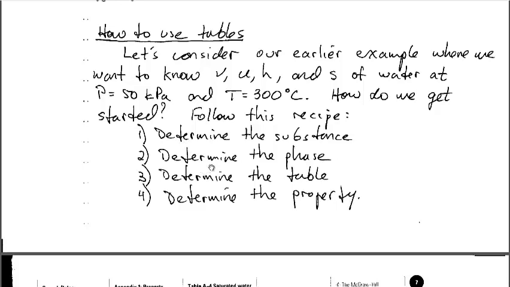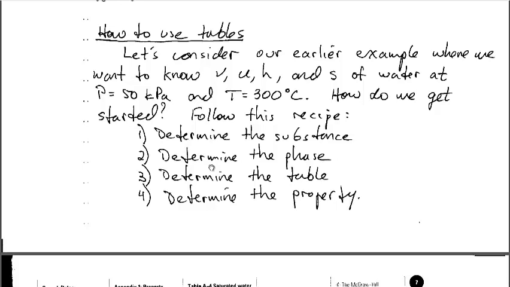Step number two is to determine the phase. If you can determine the phase for your substance, you will find using the tables a lot less frustrating. A lot of times folks really get hung up on knowing which table to look in, and they just sort of guess, and if you're not guessing correctly, then you get discouraged, and that can be a very frustrating feeling.